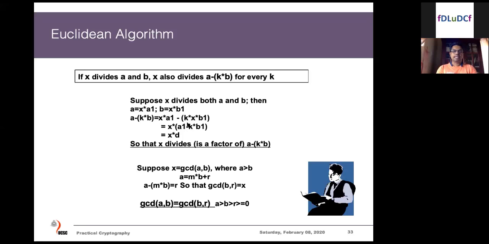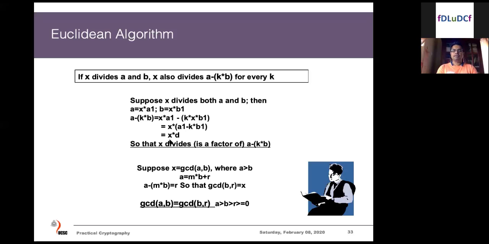So there is a common x, and we can take x out. We end up with x multiplied by (a1 minus k multiplied by b1). Since a1, b1 and k are integers, altogether we can call it d. So it is x multiplied by d. That means this particular number also divides by x.